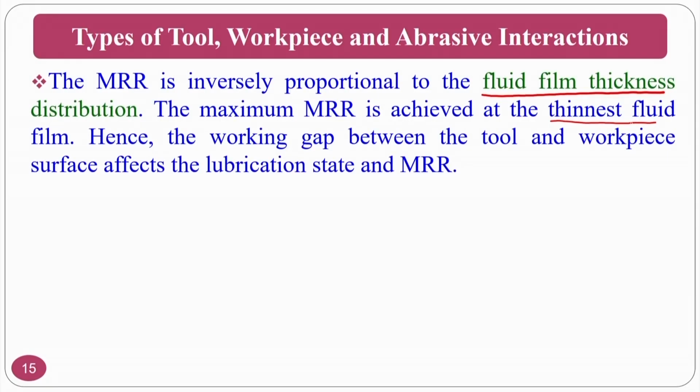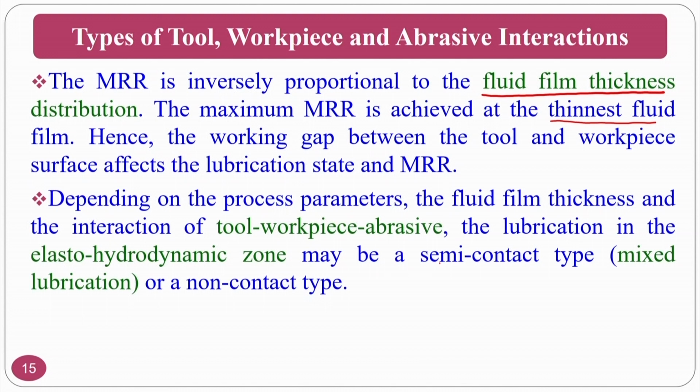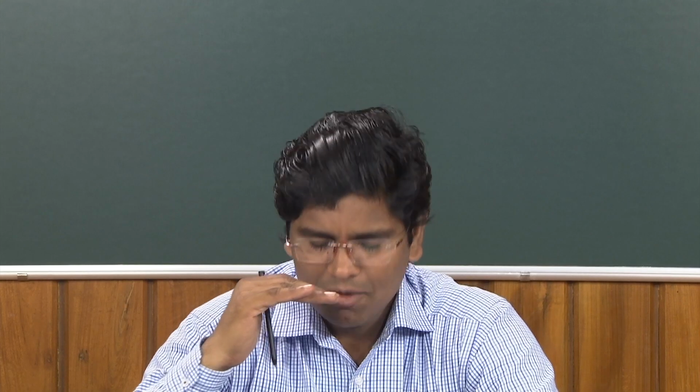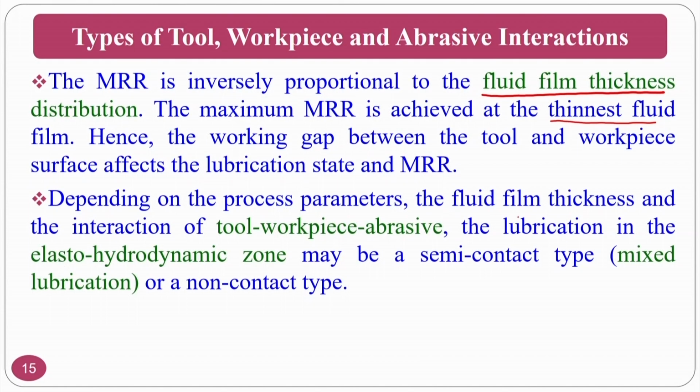The maximum MRR is achieved at the thinnest fluid film, and hence the working gap between the tool and workpiece surface affects the lubrication state and MRR. So you need to have proper lubrication, at the same time you need to have a proper material removal rate. Depending on the process parameters, the fluid film thickness and the interactions of tool, workpiece and abrasive, the lubrication in the elasto-hydrodynamic region may be semi-contact type, that is nothing but mixed lubrication, or non-contact type.